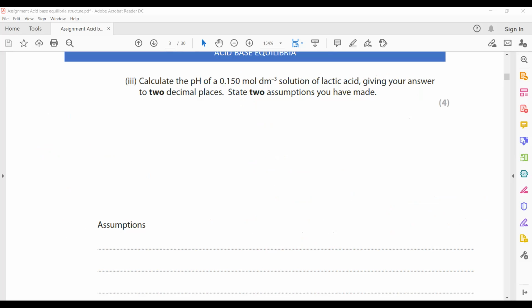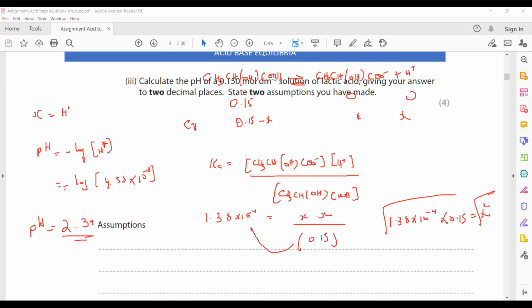Then what is our assumption? Our first assumption, which we already mentioned in our calculation, is that the dissociation of the acid is negligible, like the value of X is very small. Second thing, because these acids and alkalis are in aqueous solution, what is our assumption here? We always assume that all of this hydrogen is coming from the acid, like the water molecule does not dissociate, but in practice the water molecules also dissociate.